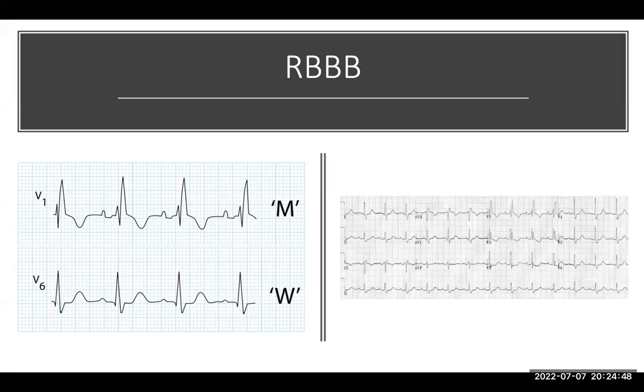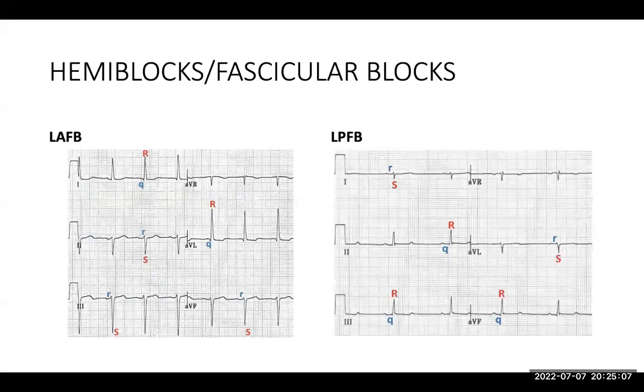Right bundle branch block is also equally important, but when you compare the two, left bundle branch block is more important in terms of ischemia and infarct, because it's telling you that this patient has had some kind of infarct to the extent that even the bundles are lacking blood supply, hence lack of electricity to supply that particular chamber.